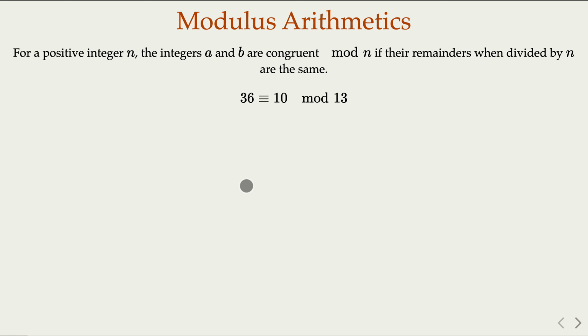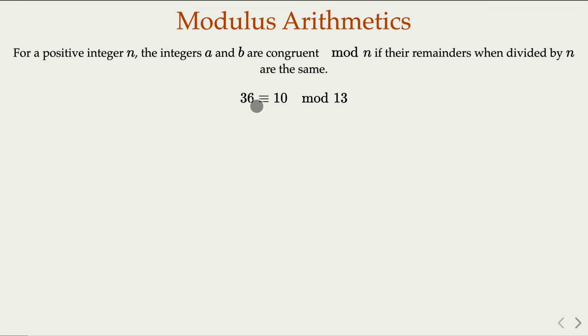So a lot of times this kind of problem is related to modulus arithmetic. So, a quick recap on that. Now, if we consider mod 13, we say that two numbers are congruent if when dividing by 13 they have the same remainder, right? So A and B are congruent with regard to n if the remainders when divided by n are the same.